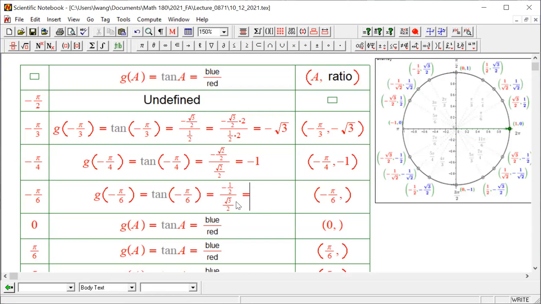Okay, and we simplify this quantity. You multiply by 2 on the top, you multiply by 2 on the bottom. Principle number 1, and then you get negative 1 over root 3.